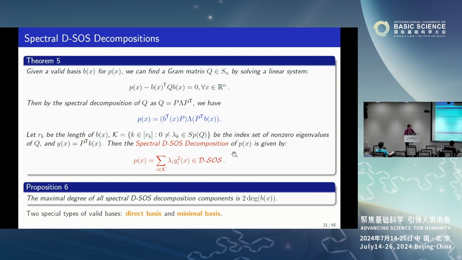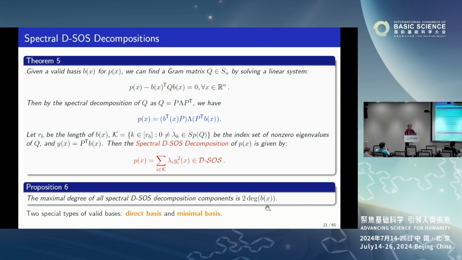And in this way, if we find a decomposition like this, we can show that the maximal degree of the sum-of-squares component is up to twice the degree of B(x). So the degree of B(x) is very important. We want to find a decomposition with lower degree. Okay, so this is an important and interesting question to be investigated.